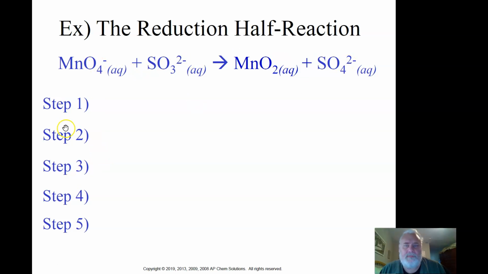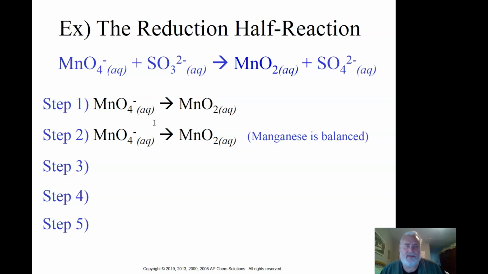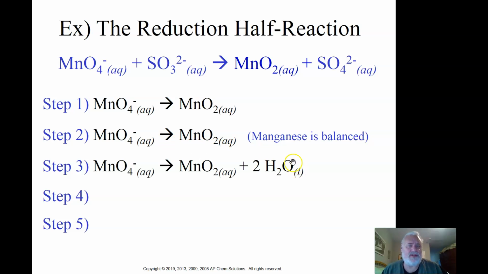So we are going to start with the reduction half reaction, and as we mentioned, since the manganese goes from +7 down to +4, that is a reduction, so that's our reduction reaction. You can see step 2, the Mn, they're the same. You don't have to worry about that. Step 3, however, we are going to have to fix the oxygens by adding 2 water molecules to the right side.